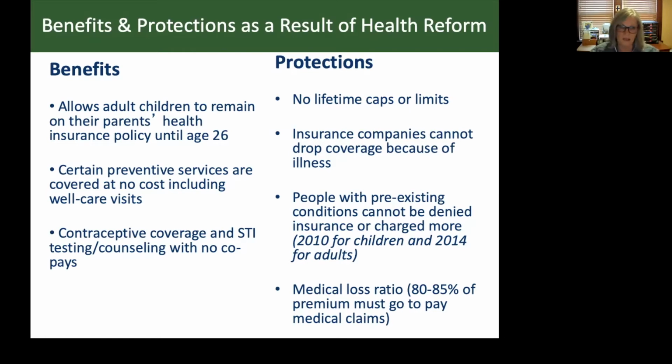And again, some of those benefits are listed there on this slide, including allowing adult children to remain on their parents' plans until age 26, and then making sure that certain preventive services would be covered with no out-of-pocket cost for the person, including well visits and annual checkups and OBGYN appointments and things like that.